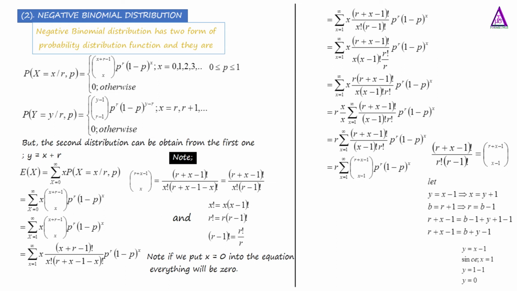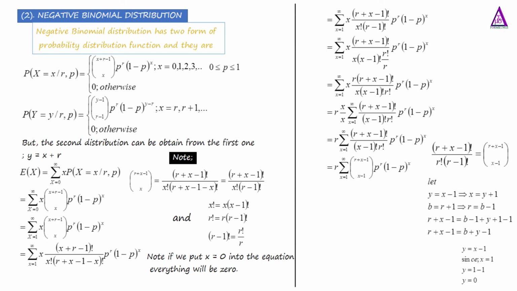In equation 7, we just rewrite the r!/r. In equation 8, we factorize r and x divided by x out of the equation. So x cancels x, we have the next equation. And if we look at what we have there, the second to the last equation, we can write it in combination form as this.